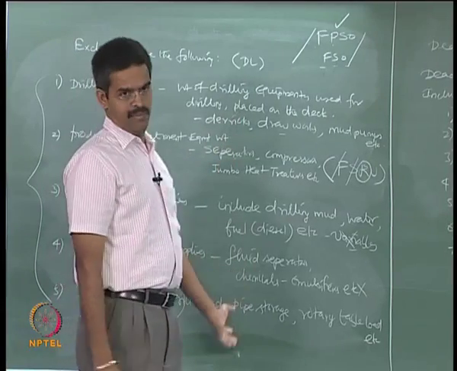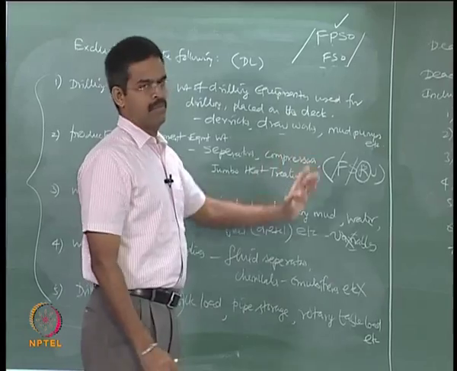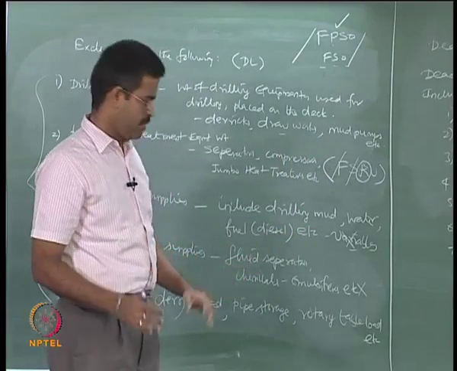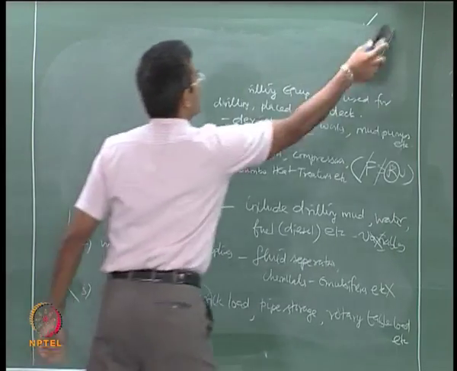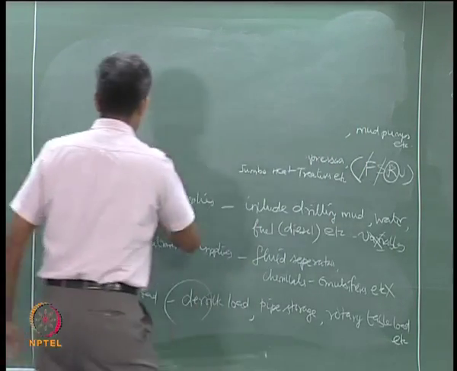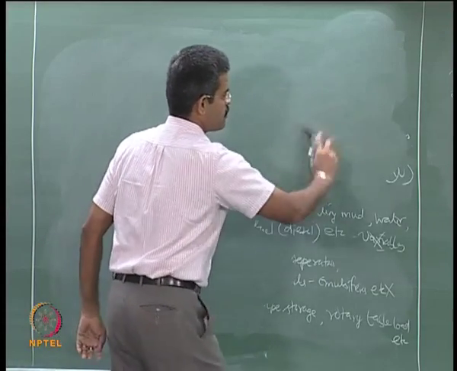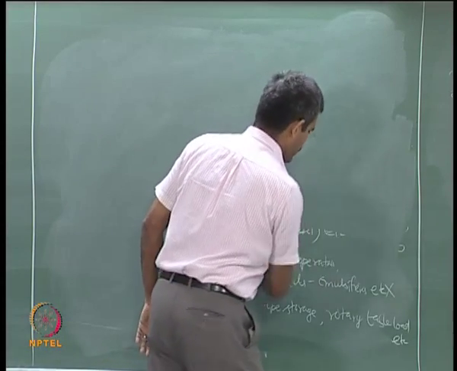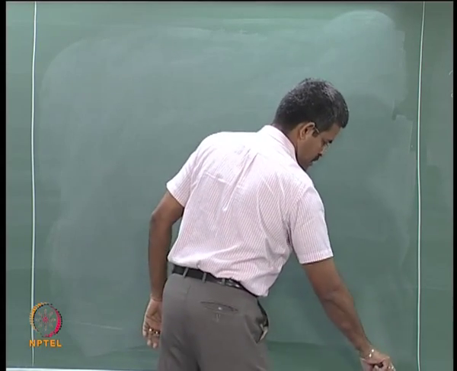Now where do we consider them? Where do we include them in our load capacity? We will talk about that. So I have a small homework for you. You try to look into the literature, not necessarily API RP, not the code.